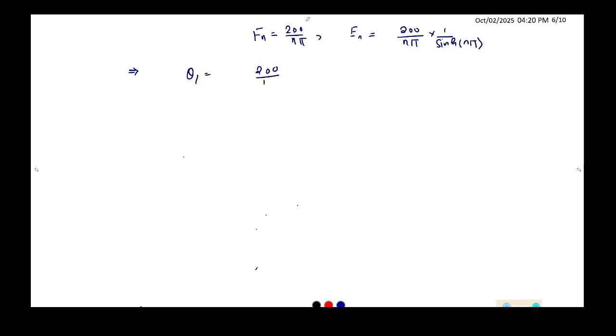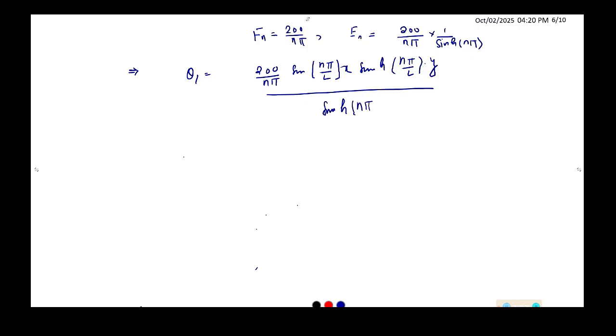200 upon n pi sine of n pi upon L into x, then again sine hyperbolic n pi upon L into y, and in the denominator it will come as sine hyperbolic function of n pi.